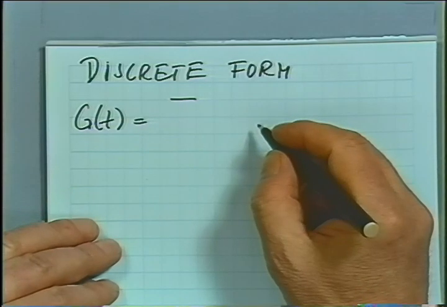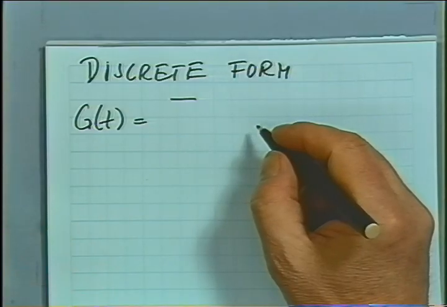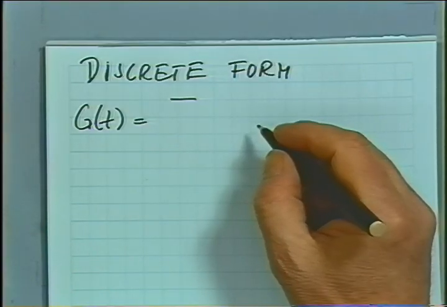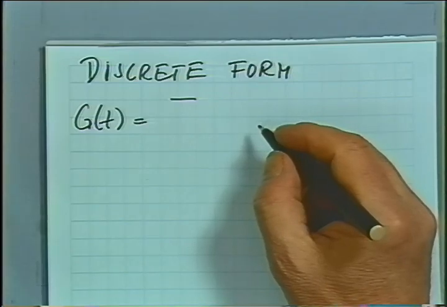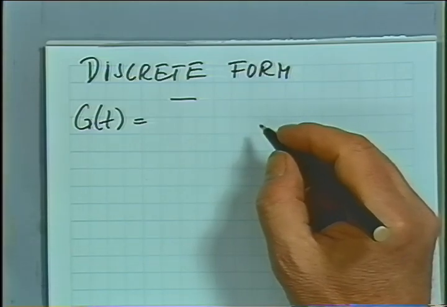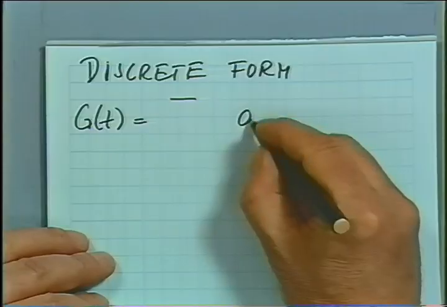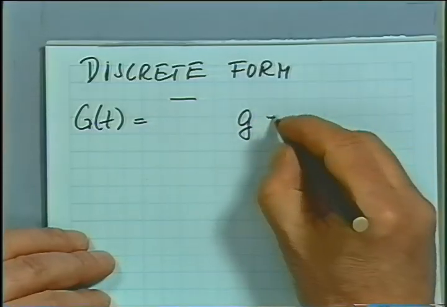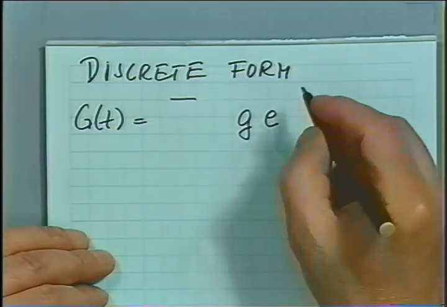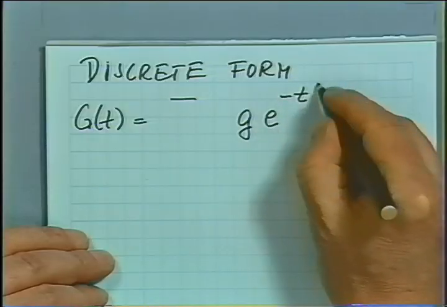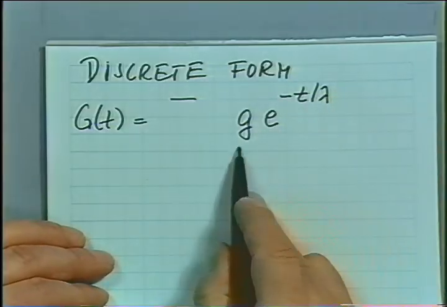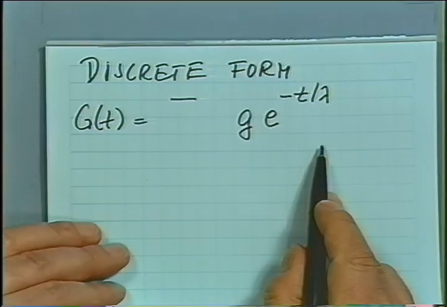Now, a single Maxwell fluid, or a single relaxation mode as described by the Maxwell fluid, would relax in an exponential fashion. And the relaxation would be given by a front factor times an exponential function, e to the minus t over lambda. That's the type of relaxation for a single Maxwell mode.